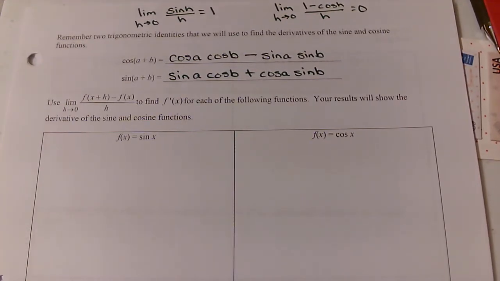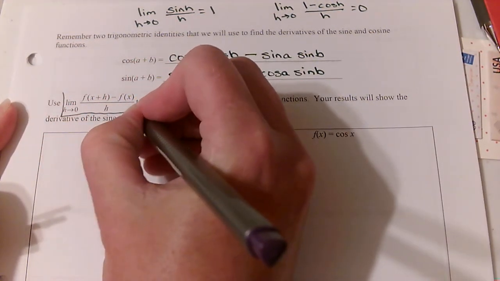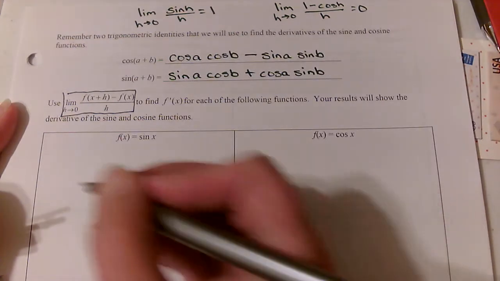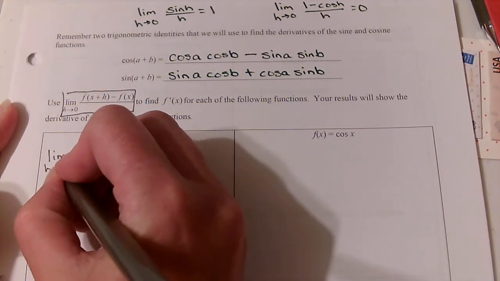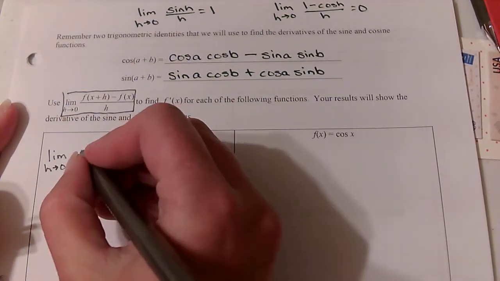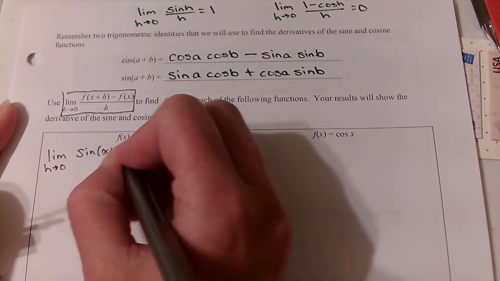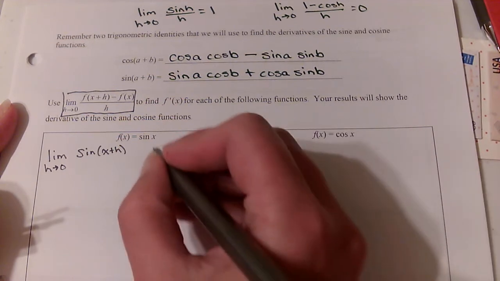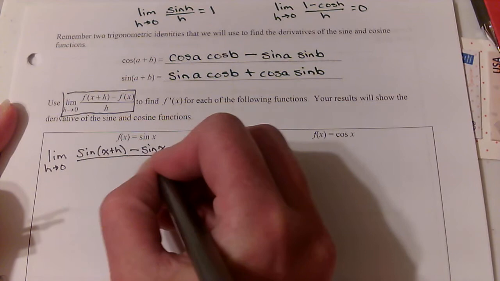So if I use my limit definition of the derivative, we're going to take the limit as h approaches 0 of f of x plus h, so that would be sine of x plus h, minus f of x, so minus sine x, over h.